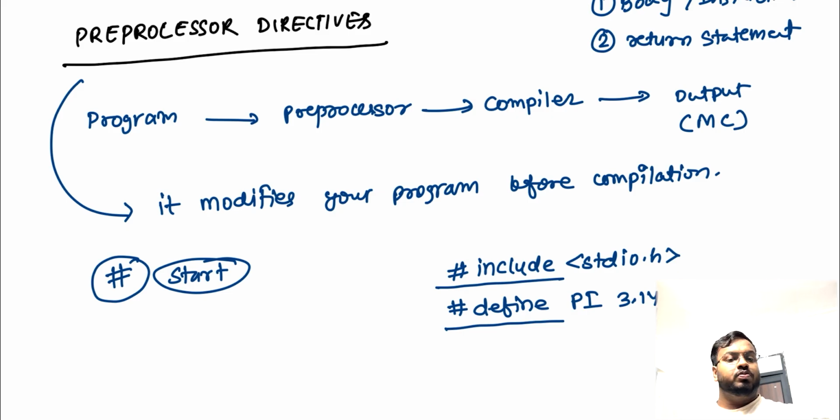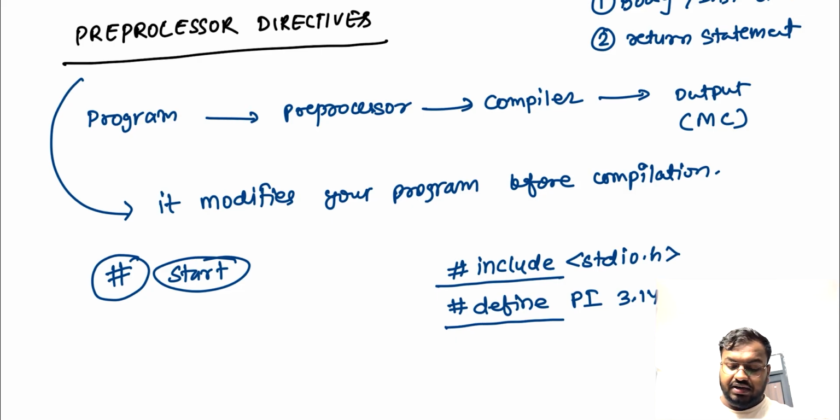Talking about preprocessor directives, they start with hash and they do not have a semicolon. There is no semicolon in a preprocessor directive. And we all know that it is pre-processed before the compilation. So I hope this is clear.